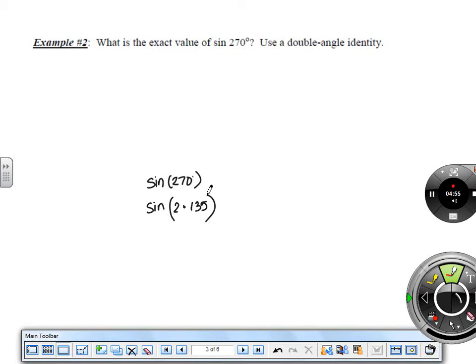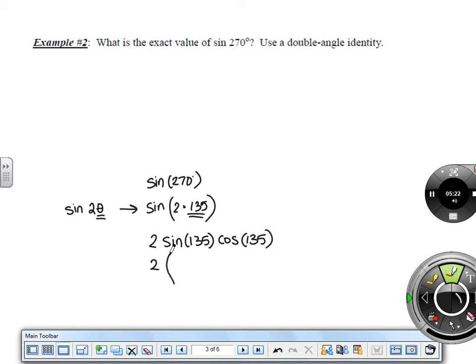So this right here is being compared to this. So our theta is going to be our 135, and we're going to go back to the formula that we used before. So for sine, it's just 2 times the sine of theta times the cosine of theta.